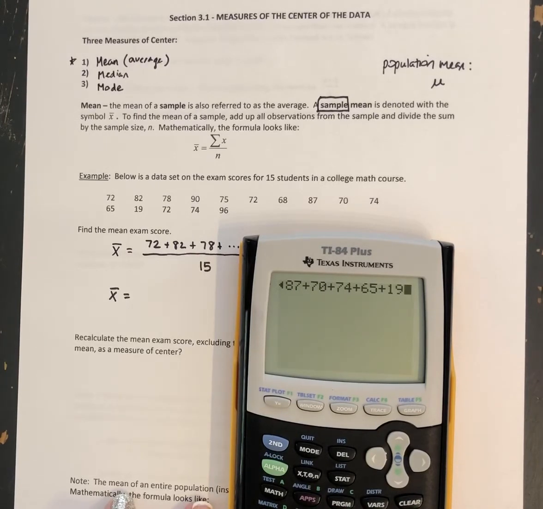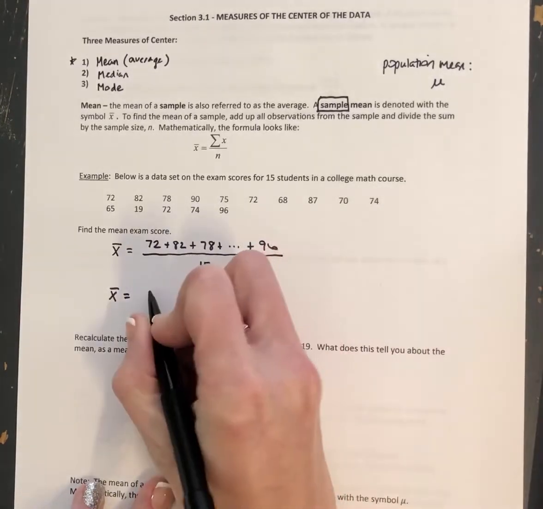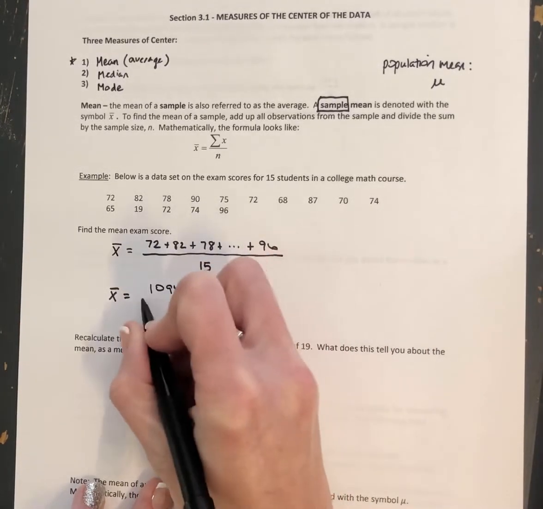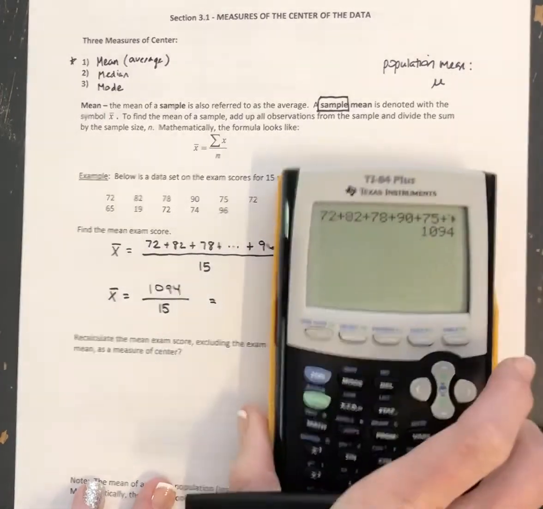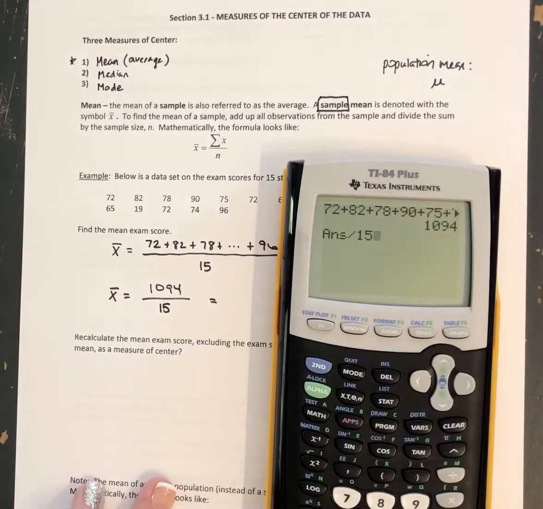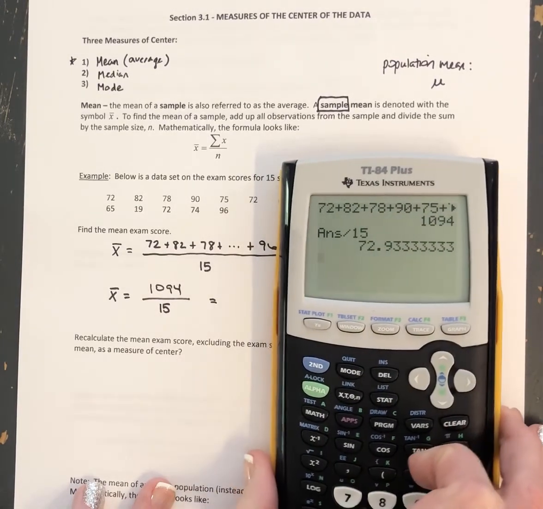We should pay attention to the fact that that one's unusual. Plus 72, plus 74, and plus 96. So that gives us a sum of 1,094 as our numerator. Our denominator is 15. And so when we take that 1,094 and divide by 15, we get 72.93 if we round.